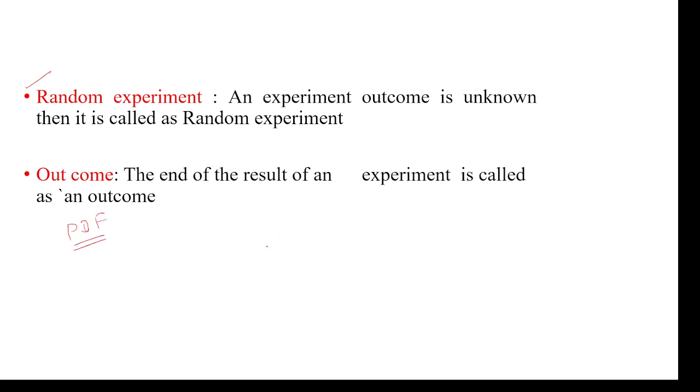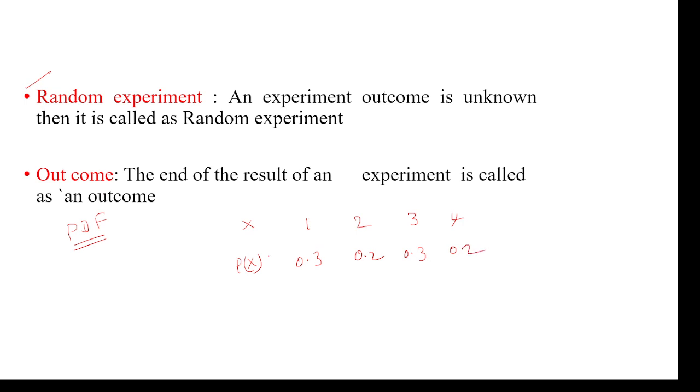I will give one example. X is a random variable having the values 1, 2, 3, 4, and P of x, the corresponding probabilities, are 0.3, 0.2, 0.3, 0.2.